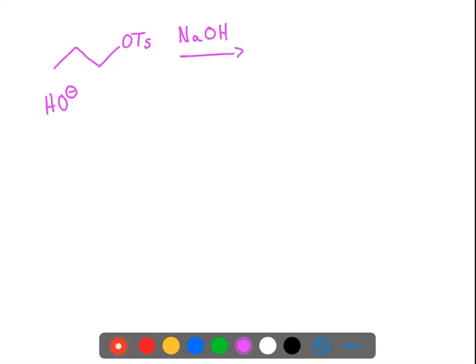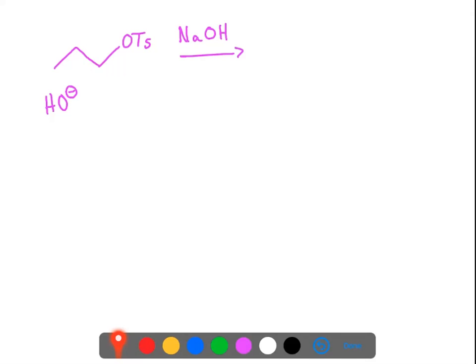Now, if we look to our pseudohalide, and I refer to it as a pseudohalide because we have this tosylate group as opposed to an iodide or bromide, for example. And so we know this is a very good leaving group. This is one of our excellent leaving groups. But what we want to focus on is the alpha carbon. And we see that to this carbon, there is only one other R group.